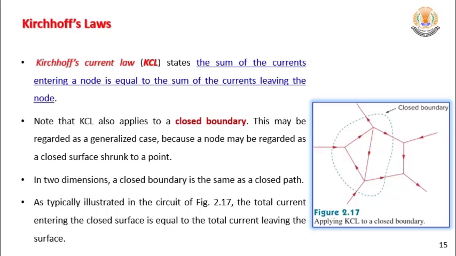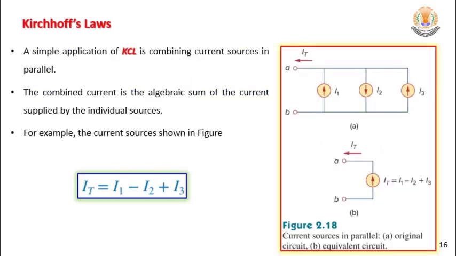Because we define the node as a connection between two elements. Two terminals of the elements will be connected together, forming a node. So as you can see here, we can apply KCL on a closed boundary part of the circuit. No need to apply it only at a node, but it can be on a closed boundary. Later, it will come up in problems.